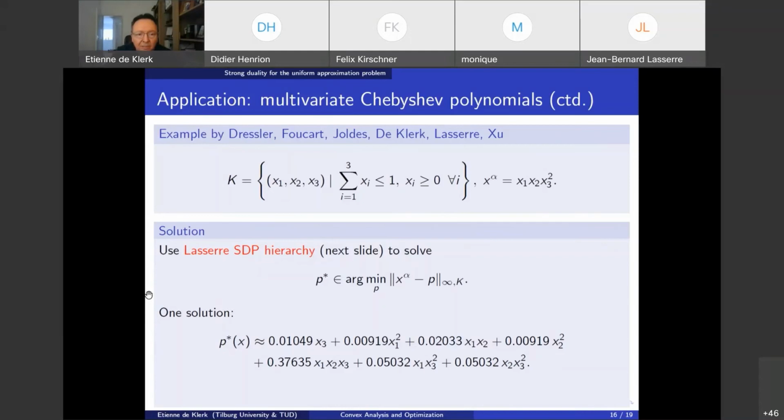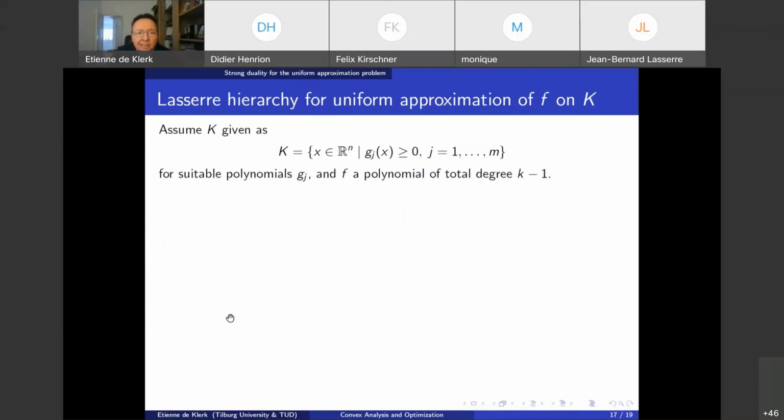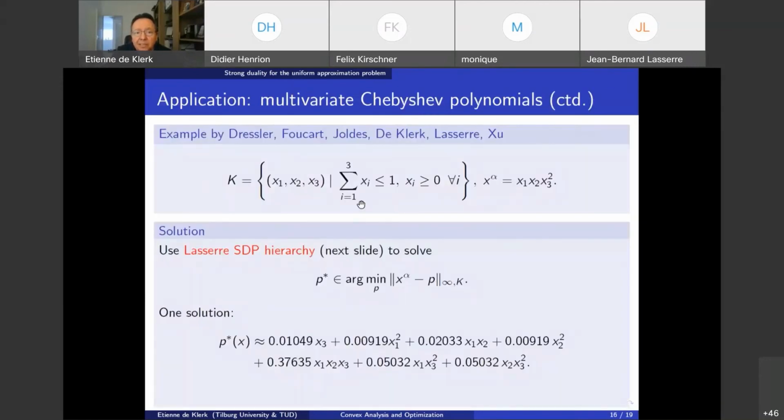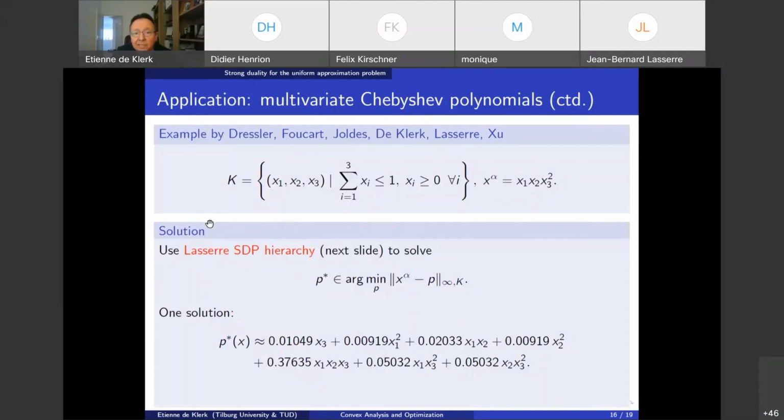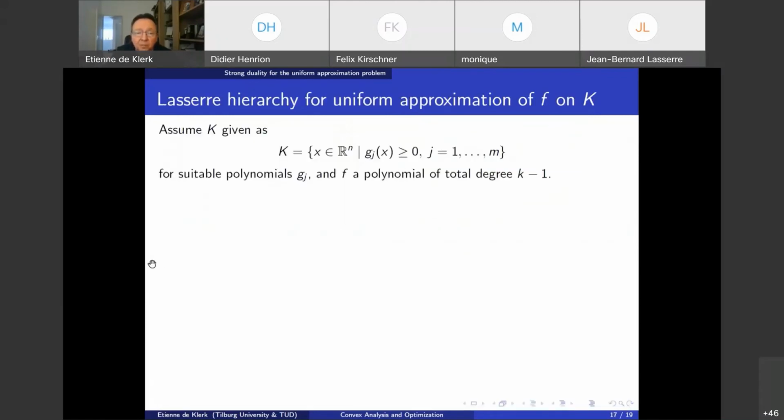Now if we are doing this approximation on a set K, we just assume that we can describe it in terms of constraints. In this case, obviously we had these constraints, and we can just rewrite them in the form of some polynomials greater than or equal to 0. But in general we just assume such a semi-algebraic set K, and we also need it to be compact.